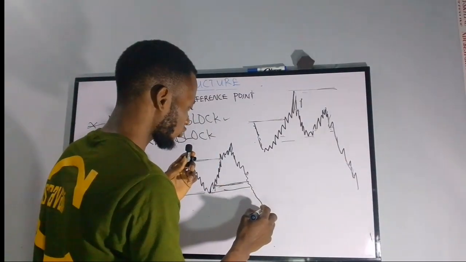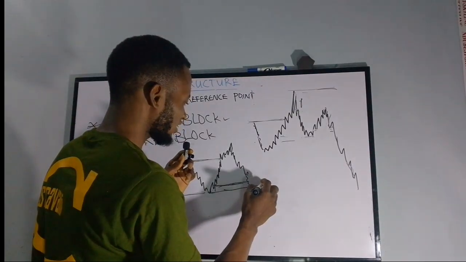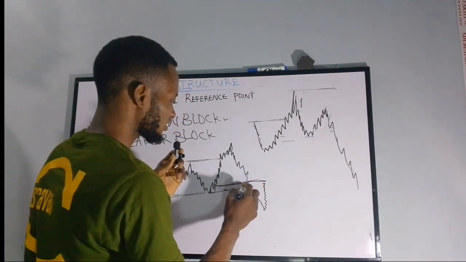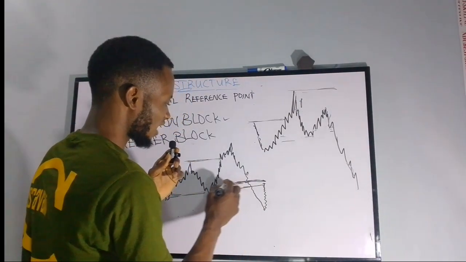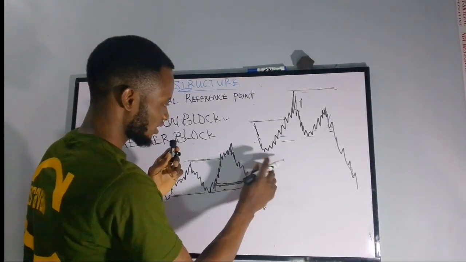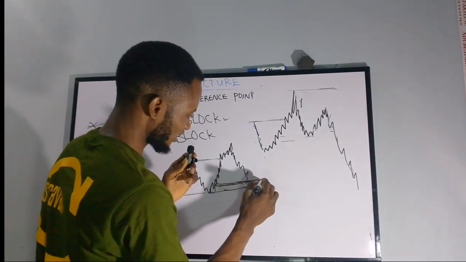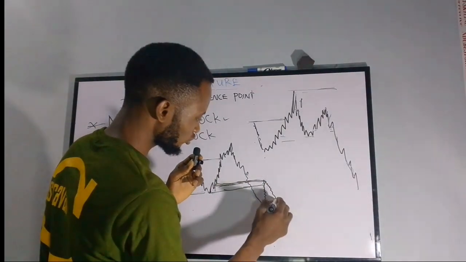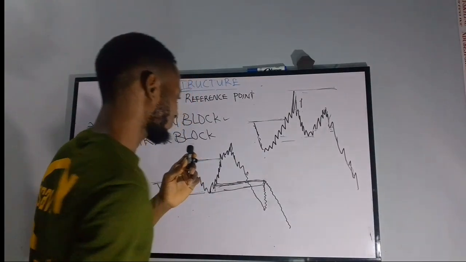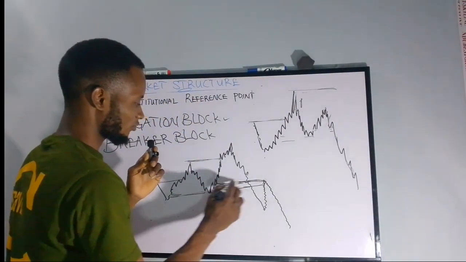By the time price is coming back to that area, it's going to stand as a barrier, as a resistance for the price to go further to the upside. What it does is that it will now be an assistant to push price to the downside. That is the work of a breaker block.